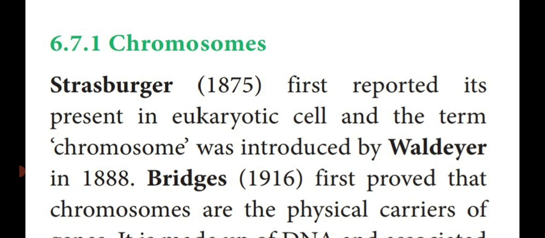This chromatin network at the time of cell division condenses and forms a structure known as chromosome, isn't it? So this chromosome contains the genetic material known as gene which carries the parental character to the next generation.